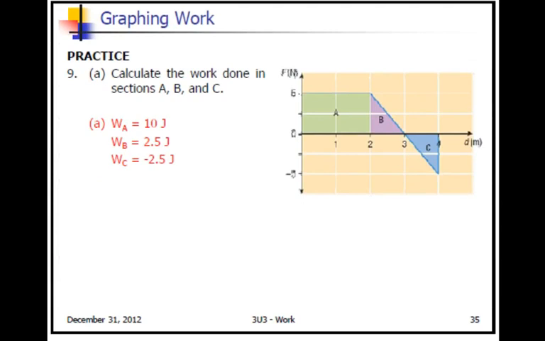For A, it's simply 5 times 2, which is 10. For B, it's 1/2 times 5 times 1, so that's 2.5. And for C, it's 1/2 times negative 5 times 1, which is negative 2.5.